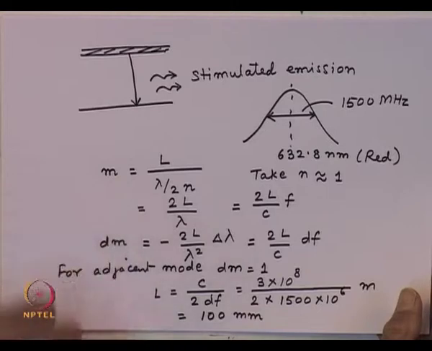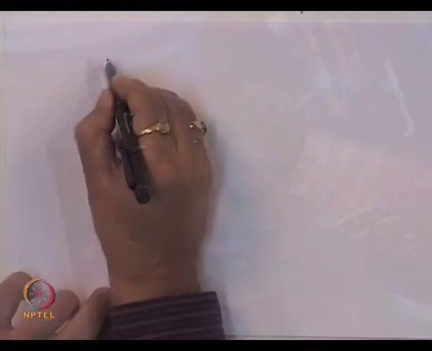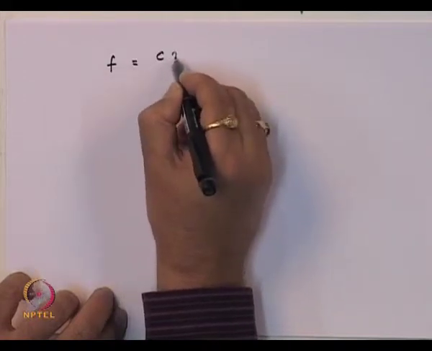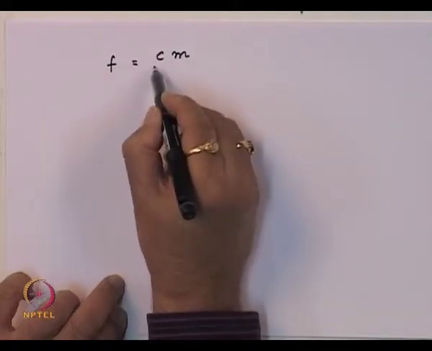So, again we can go back to the same relation to find the stability of the frequency. So, using the same relation here, we can write that the frequency is given as Cm divided by 2L.